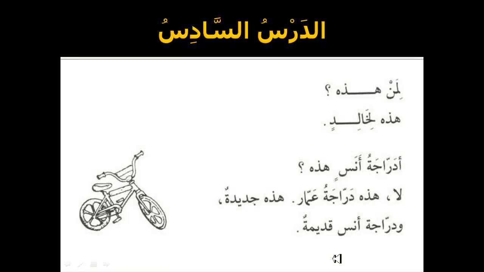And so next we have another rule here. Liman hadihi. Here we have lam. This lam, preposition lam, which shows ownership, possession. In this particular case, it means for whom does this belong?